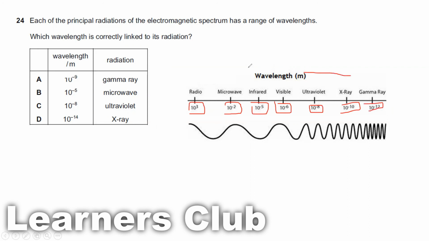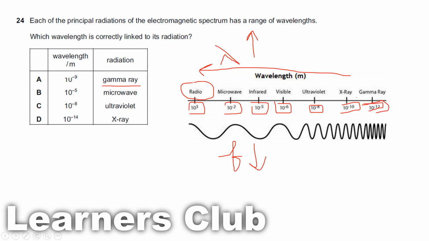If you move this way, the wavelength is increasing, but the frequency is decreasing. So radio wave has the greatest wavelength, whereas least frequency.